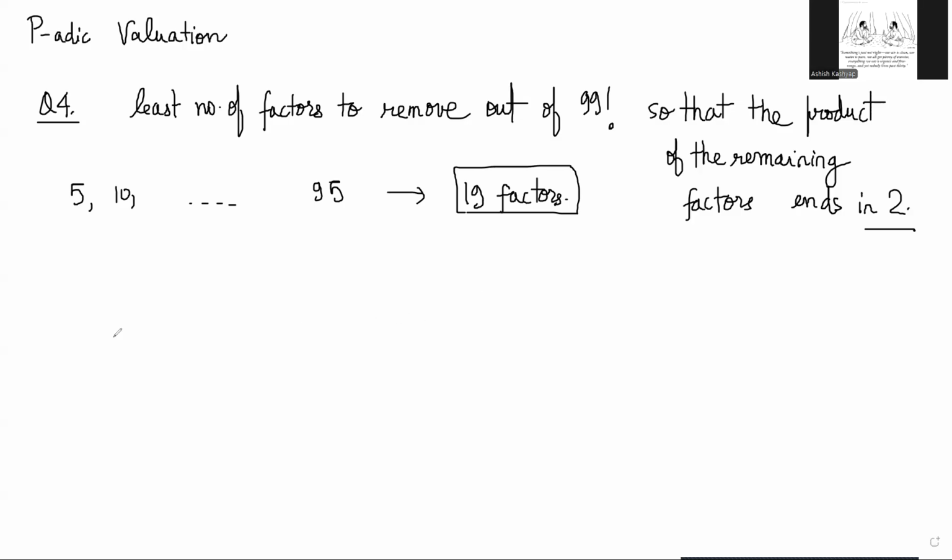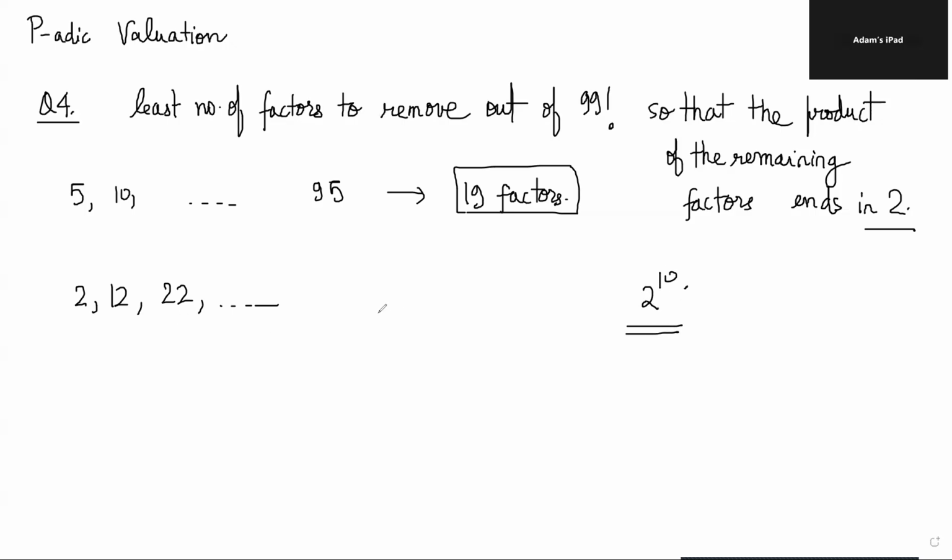But that is not the same as saying 5 power 10. For example, you are saying 2, 12, 22, and so on, right? So you are saying that the product of these ends in 2 power 10, the last digit. Yeah, the last digit of that will be the last digit of 2 to the 10.